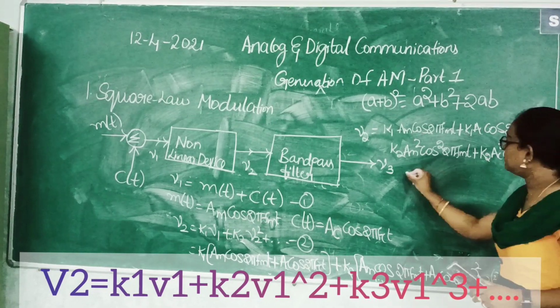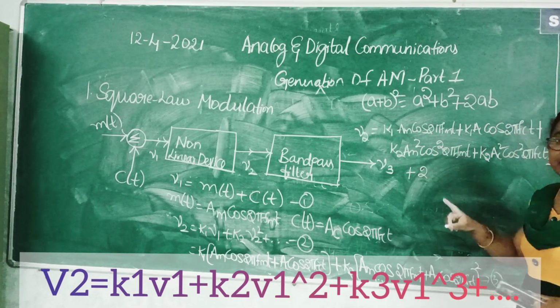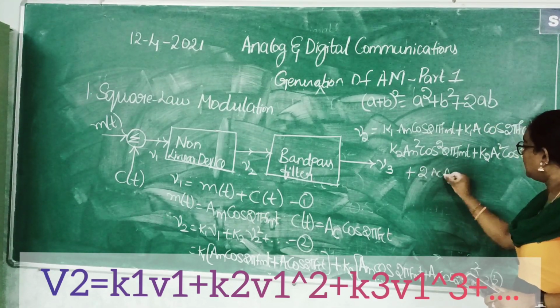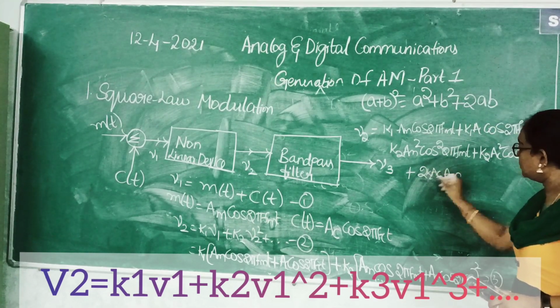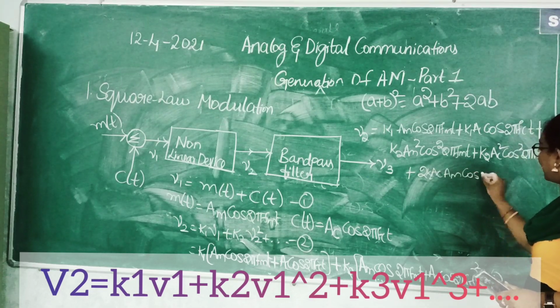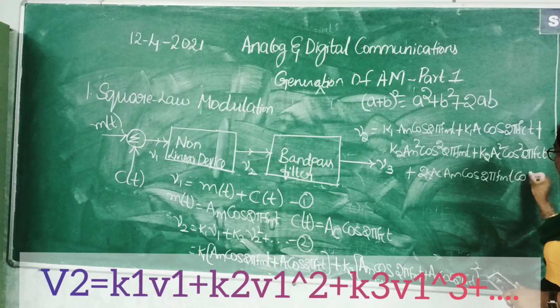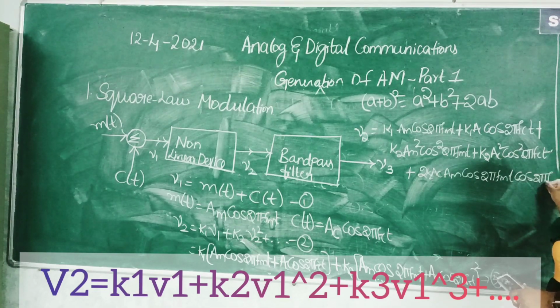Then the last product term, 2 times AB, so K2 AC Am cos 2 pi fmt into cos 2 pi fct.